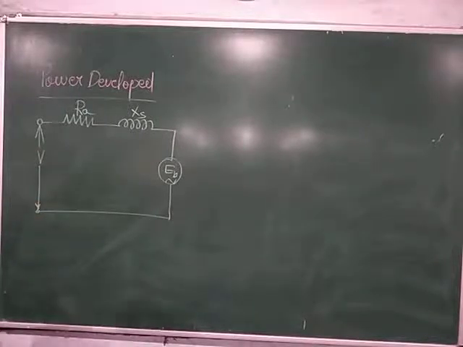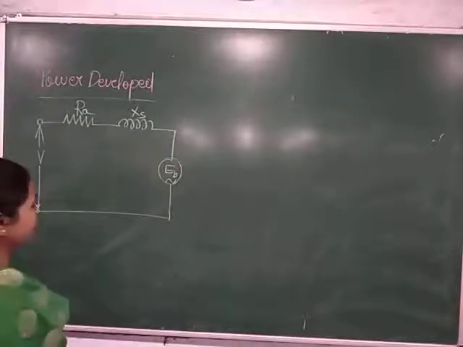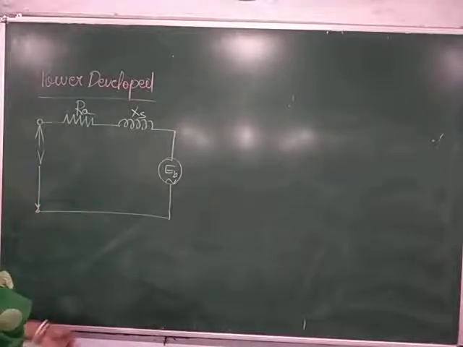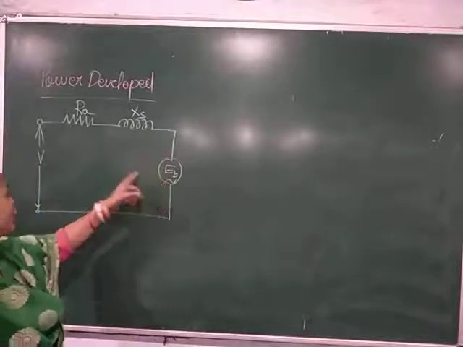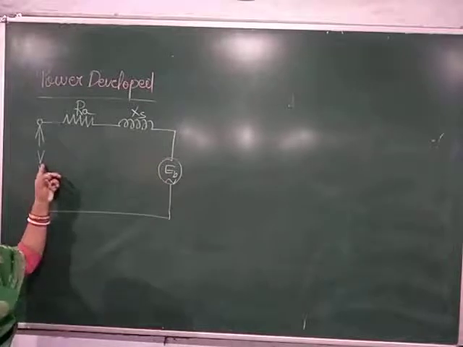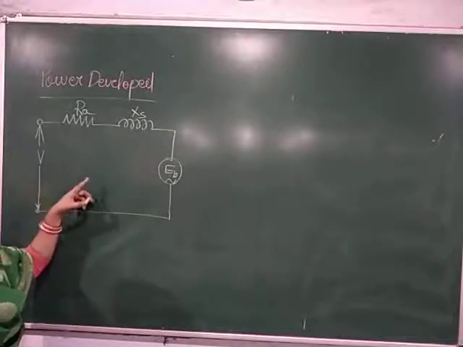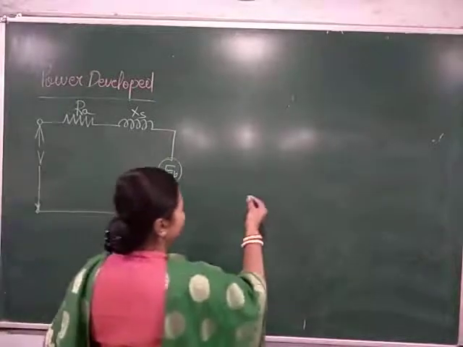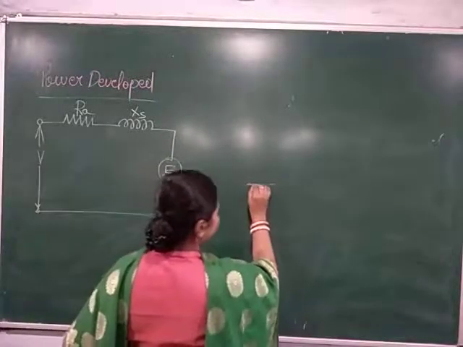This is the per phase equivalent circuit diagram. In case of a generator, the EMF induced in the stator opposes the supply voltage, but in case of a motor, it aids. Now I draw the phasor diagram.